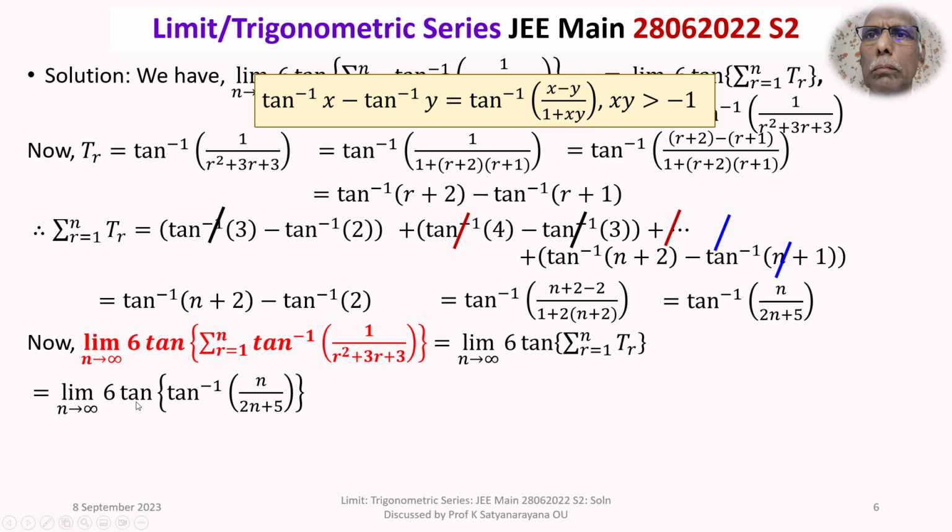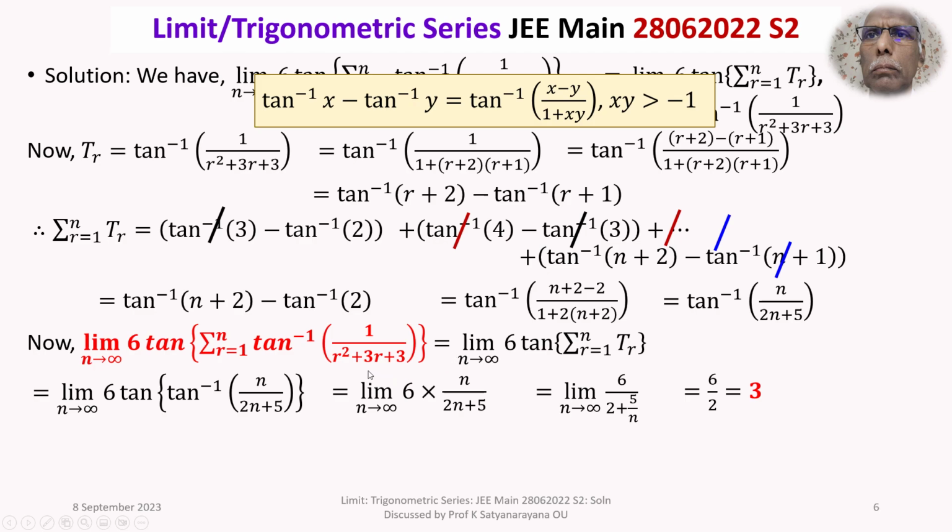We recall that tan of tan inverse x is equal to x for all values of x. So that is the limit of 6 times n by 2n plus 5. Divide numerator and denominator by n: 6 by 2 plus 5 by n. As n tends to infinity, 5 by n tends to 0, so it is equal to 6 by 2, that is 3. So that is the sum of the infinite trigonometric series.